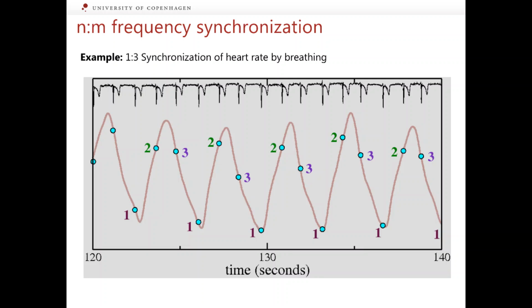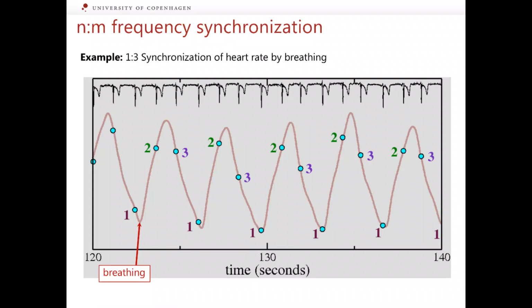Here we consider the case when two processes with different time scales interact within a single cardiovascular system of a healthy human who breathes periodically at a certain frequency. In the figure, the upper trace shown by black is an electrocardiogram. Brown curve shows the breathing signal recorded together with the ECG.